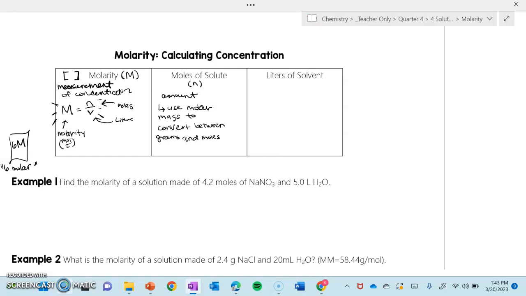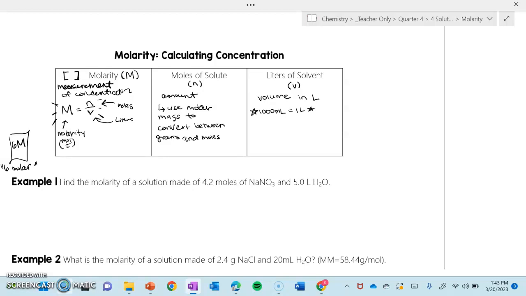Liters of solvent, this is our V. That's our volume of the dissolving liquid. And this has to be in liters. So again, a helpful conversion we've used a lot is that there's 1,000 milliliters in 1 liter.